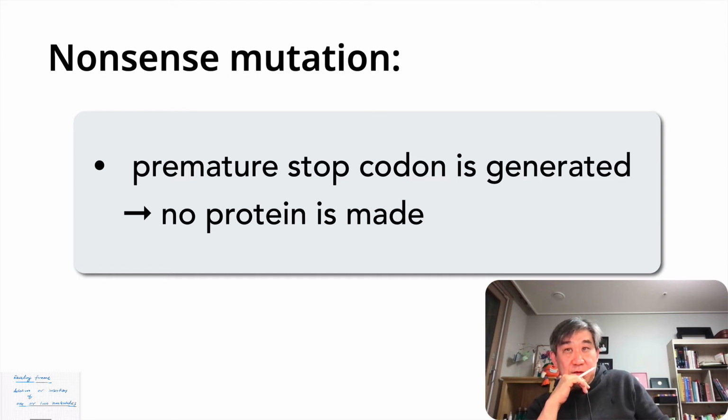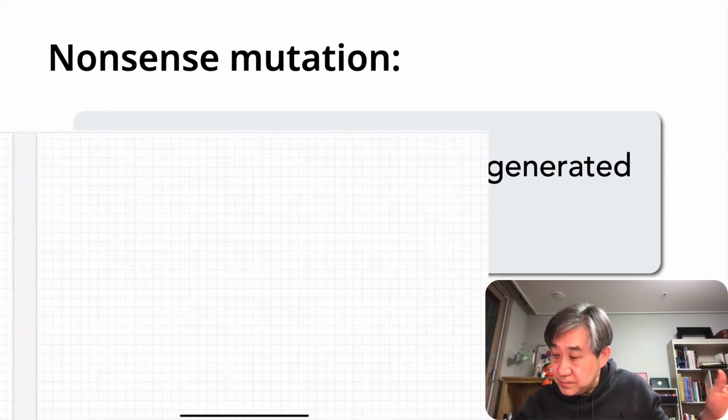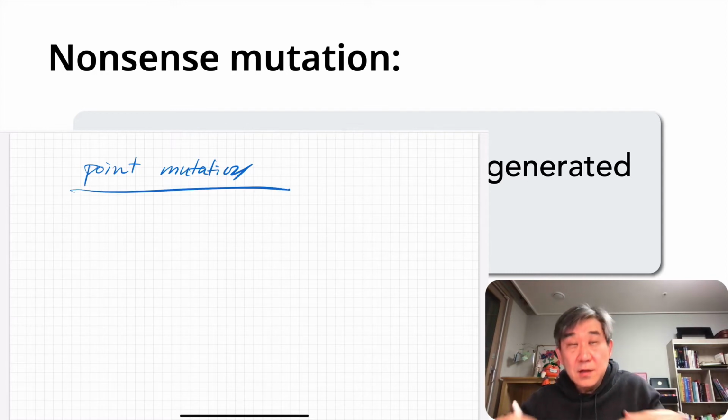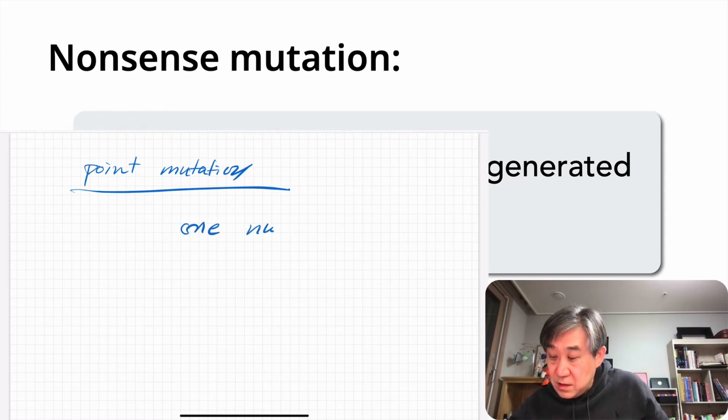So that's the nature of frame shift mutation, and all these mutations we are talking about are point mutations. This means the alteration of the DNA sequence is on the scale of 1 nucleotide.